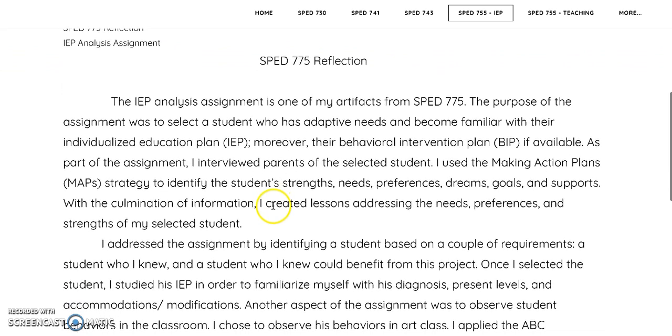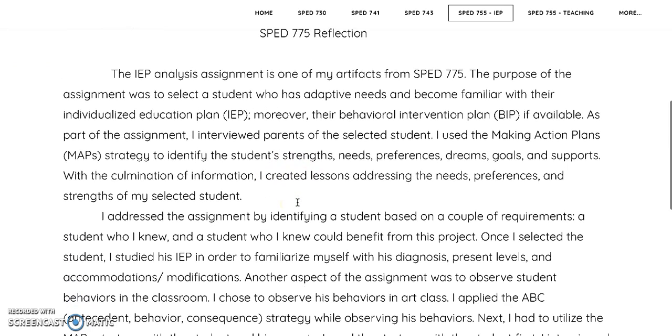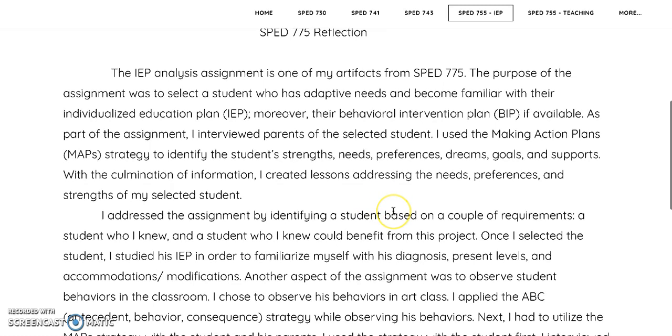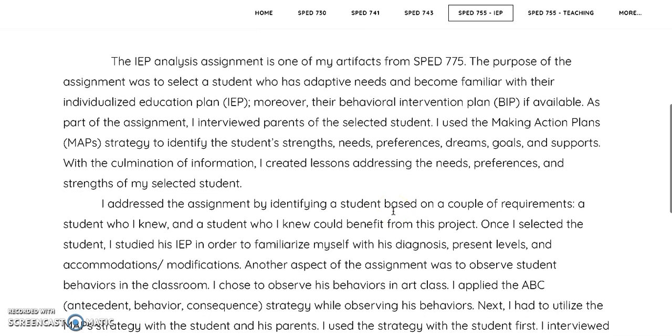This assignment pretty much proved that learning the IEP is extremely important. I had to choose one student, which would be my case student for this whole IEP assignment, and I had to thoroughly analyze their IEP so that way I could apply their strengths, needs, modifications, and accommodations in the future assignment, which would be the teaching video.